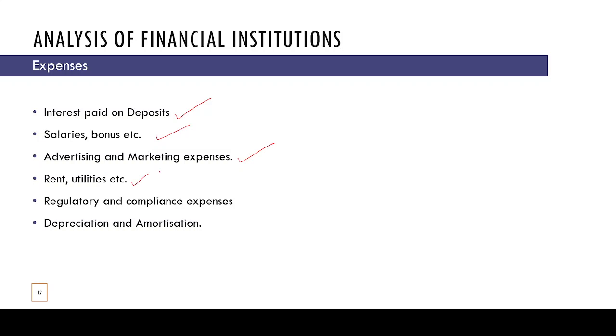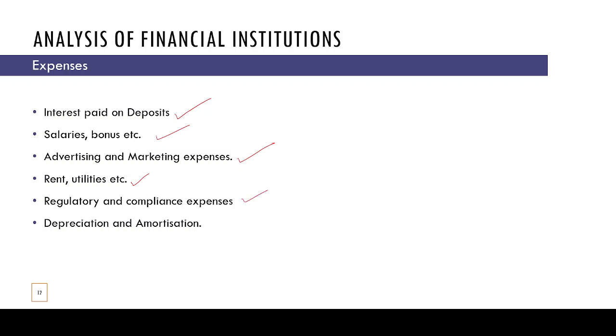Then rent, utilities. This is basically the rent that the bank pays for its branches. Utilities, basically electricity bill, your Wi-Fi expenses, maybe, right? Your water bill, all those would be a part of your utilities. Then we have regulatory and compliance expenses.